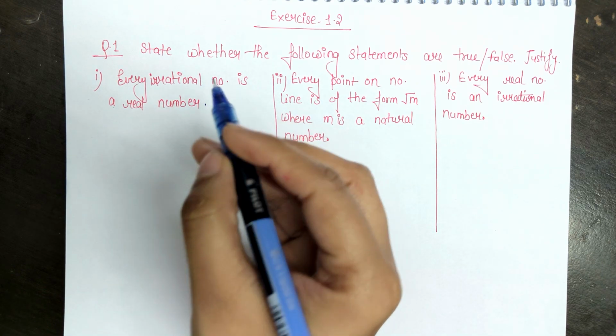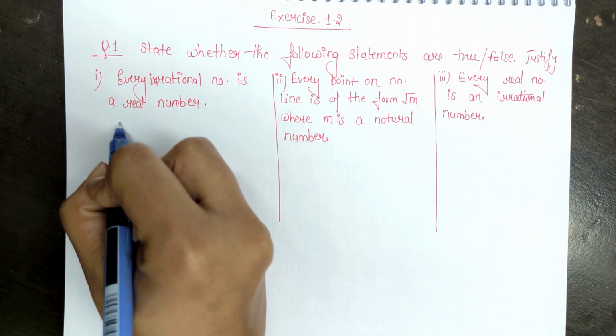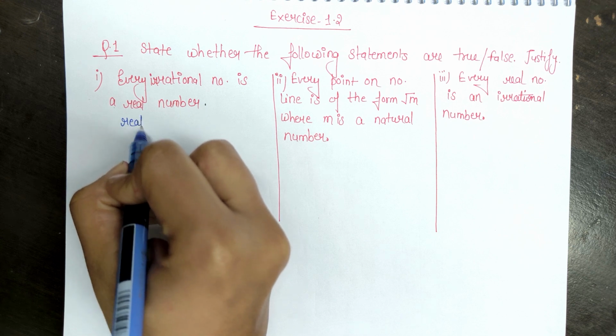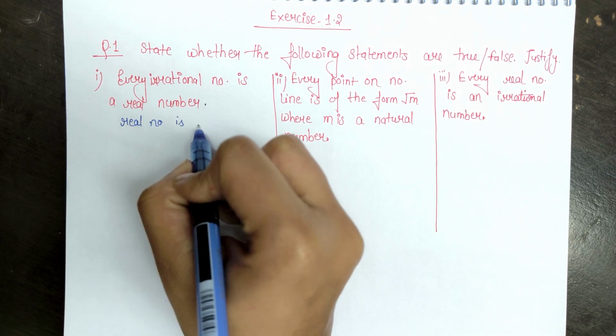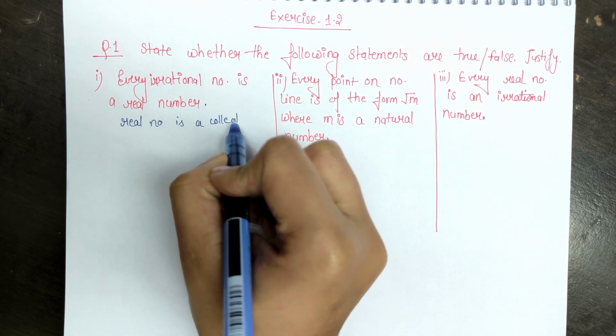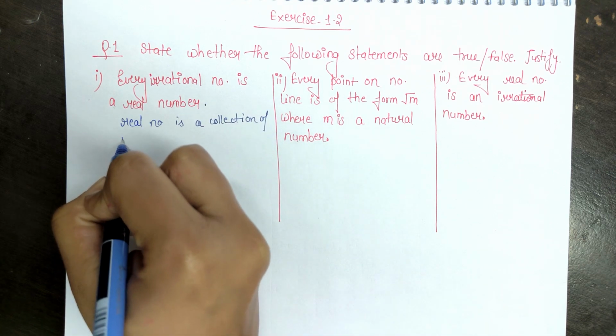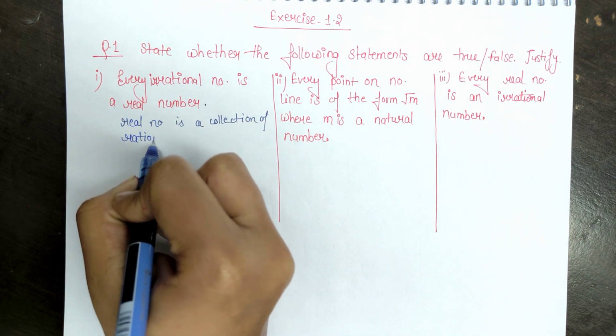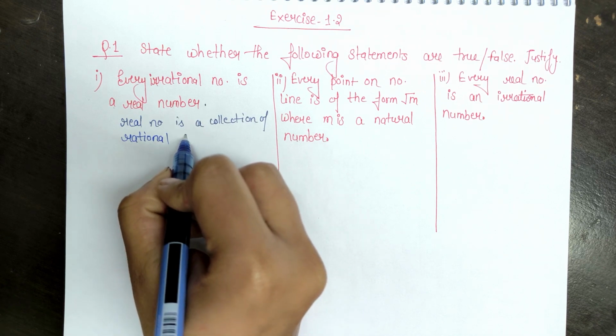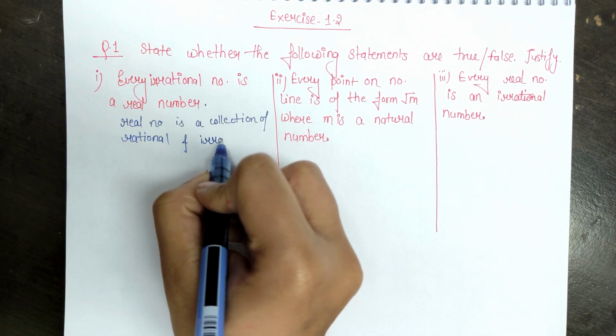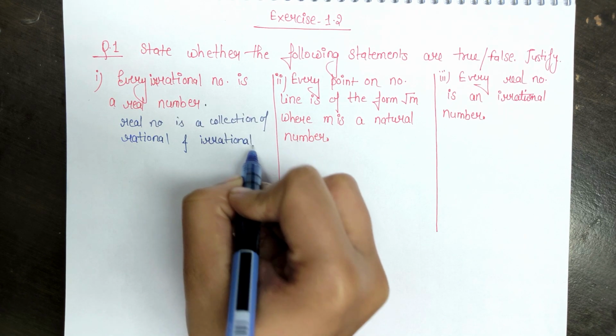Okay, so since we know the real numbers are a collection of rational and irrational numbers, है ना?